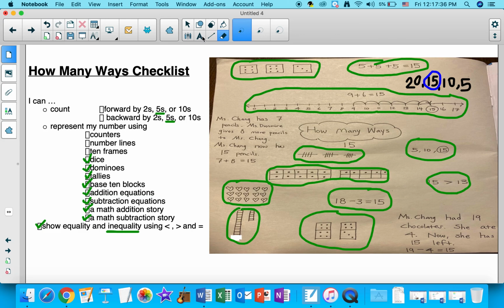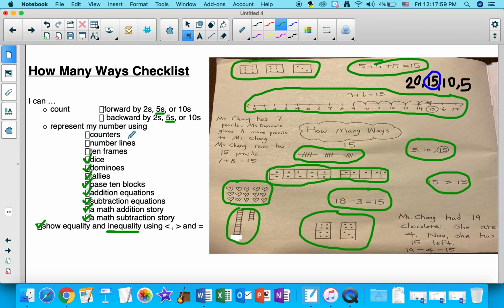Okay, then this is a great way for you to check and say, oh, so today I didn't represent my number by counting forward. Oh, maybe next week I can represent my number by counting forward by 2s, for example. Oh, today I didn't represent my number using counters.